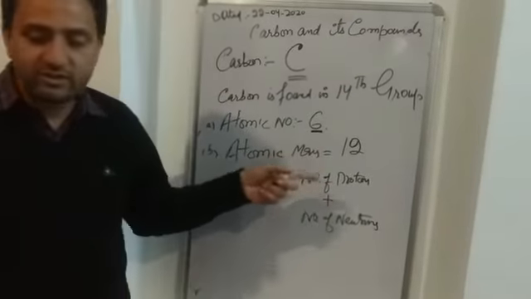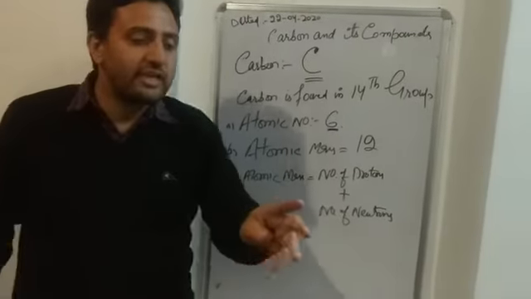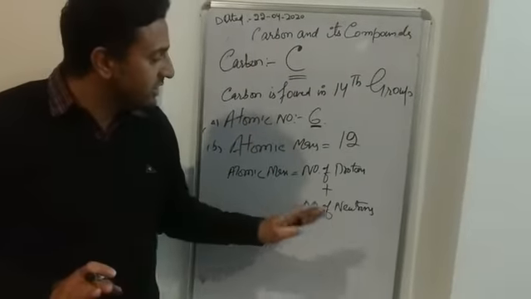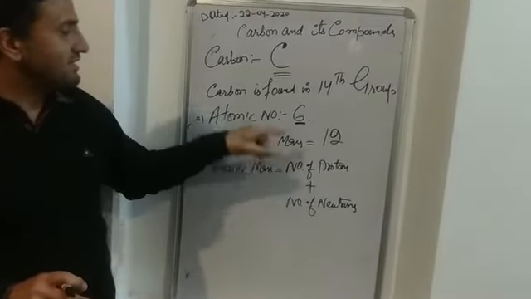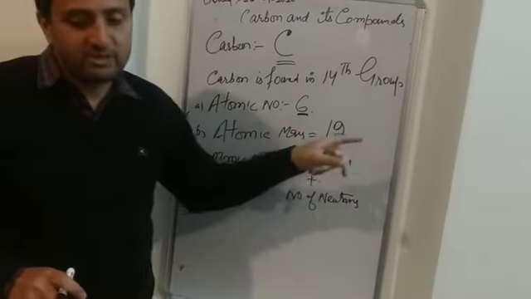About the protons, I told you these are the positively charged particles present in the nucleus, and the neutrons are neutral particles also present in the nucleus. So the atomic mass of carbon is 12.